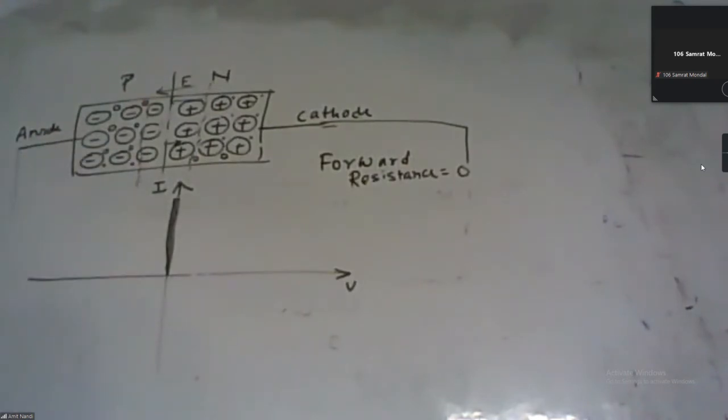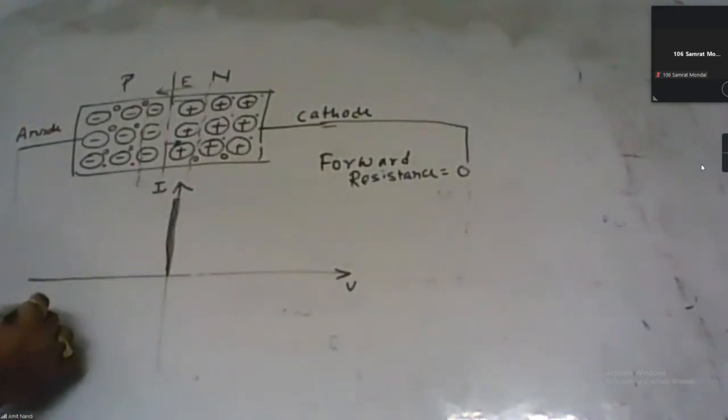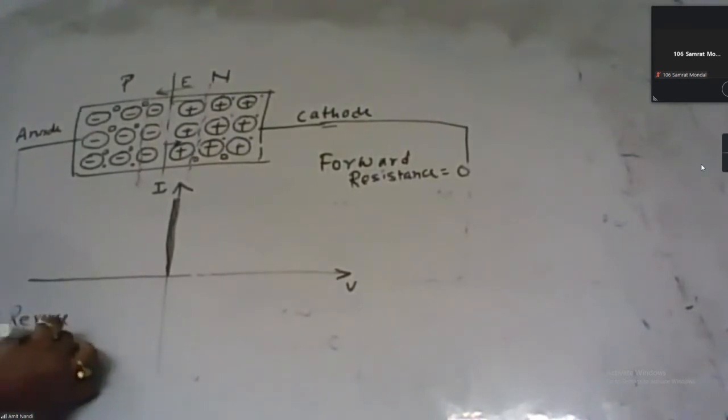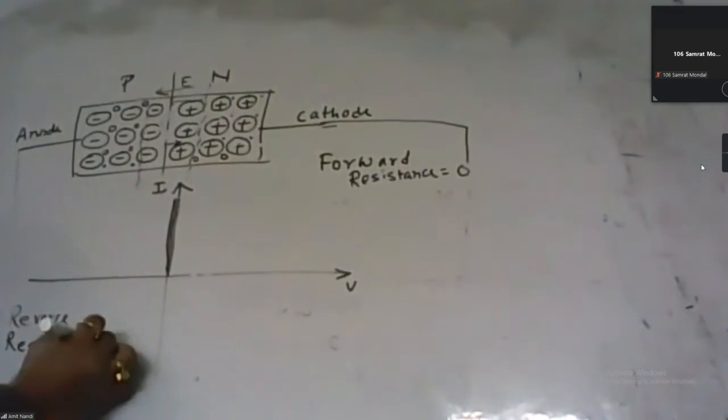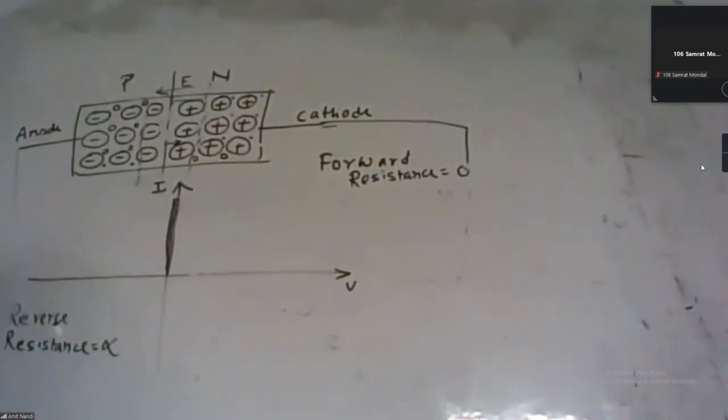Because here the voltage drop across the diode is 0, but any amount of current can flow through the diode. And under the reverse bias condition, we know that the reverse resistance of the ideal diode is infinity. Obviously, because in the case of reverse bias condition, no current flows through the diode.